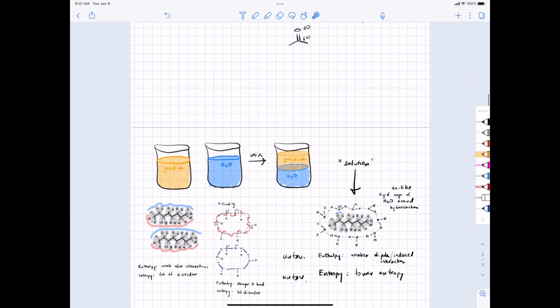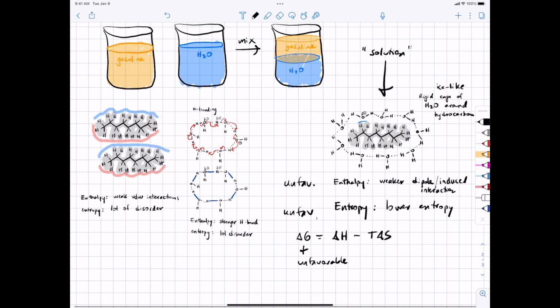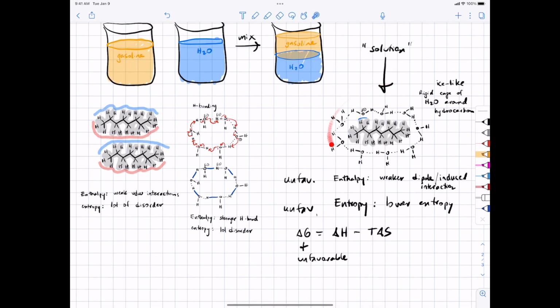Delta G equals delta H minus T delta S. If entropy change is unfavorable and enthalpy change is unfavorable, then free energy also has to be unfavorable. And therefore, the equilibrium constant for dissolving is really, really low. It doesn't happen because it's just not favorable. It's not downhill in energy. All right, questions about that?